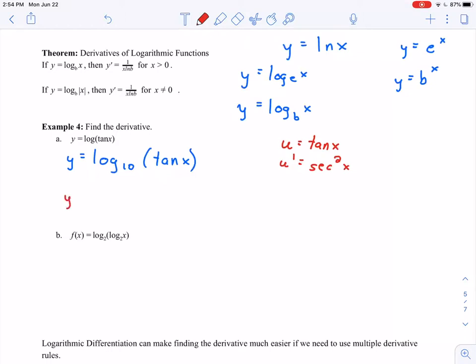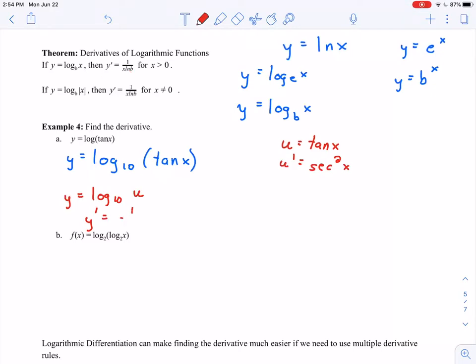So I really have y equals log base 10 of u after I make that substitution. So let's take the derivative and apply our chain rule. y prime, the derivative of log base 10 of u. Here I'm going to be leaning on this derivative for the derivative of the common log.